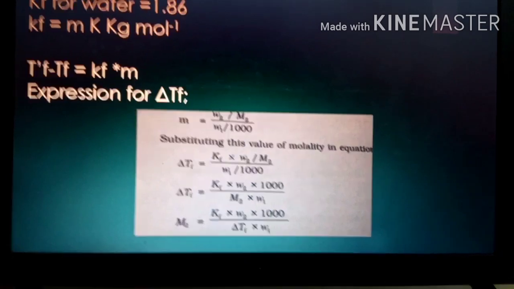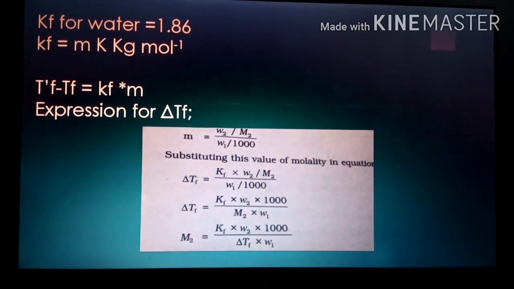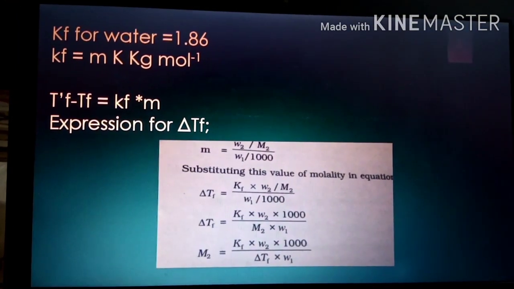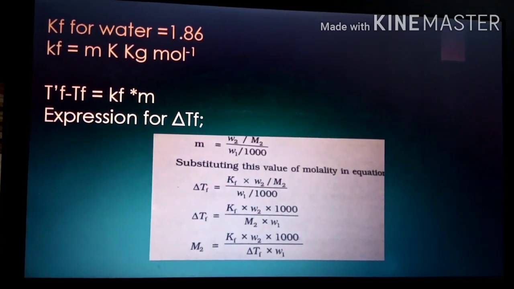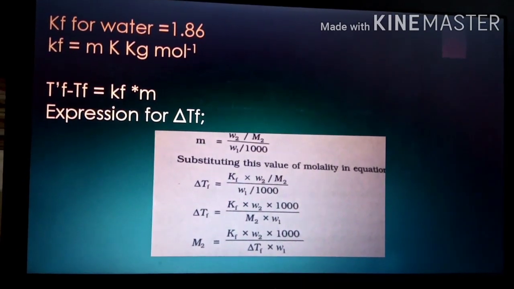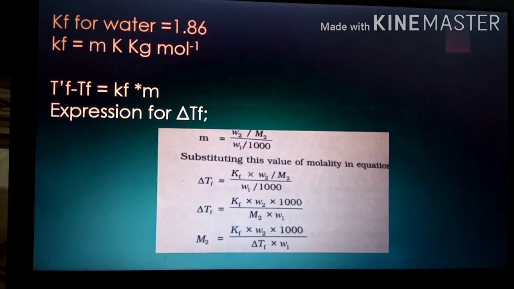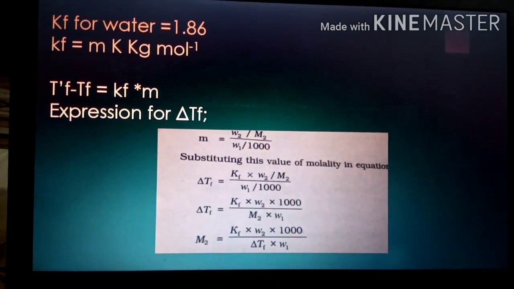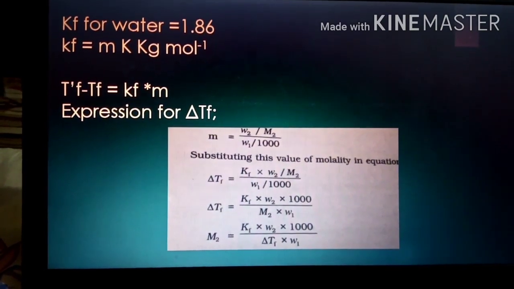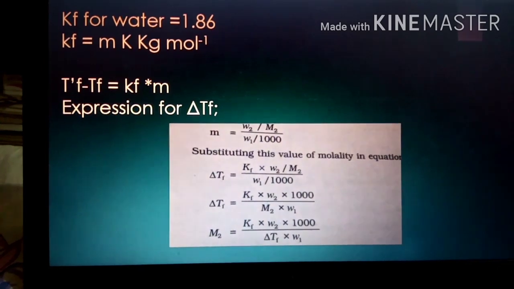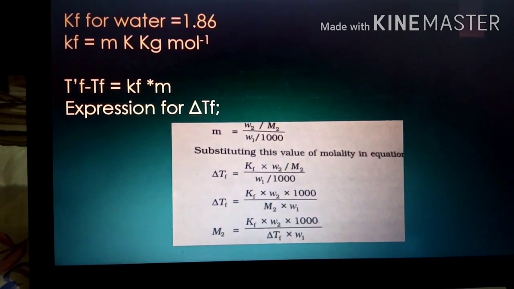Now the final expression is that molality m is equal to W2 upon M2 upon W1 upon 1000, meaning the given mass of solute upon molar mass of solute upon mass of solvent upon 1000. Substituting this value in the molality equation, we get delta Tf equals Kf into W2 upon M2 divided by W1 upon 1000, for converting to grams.